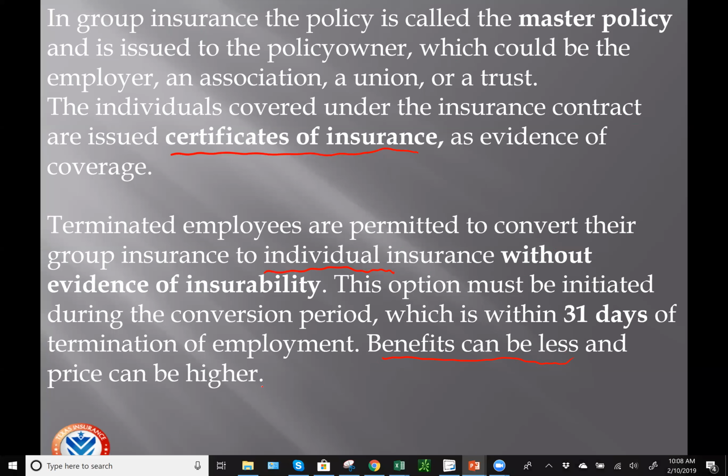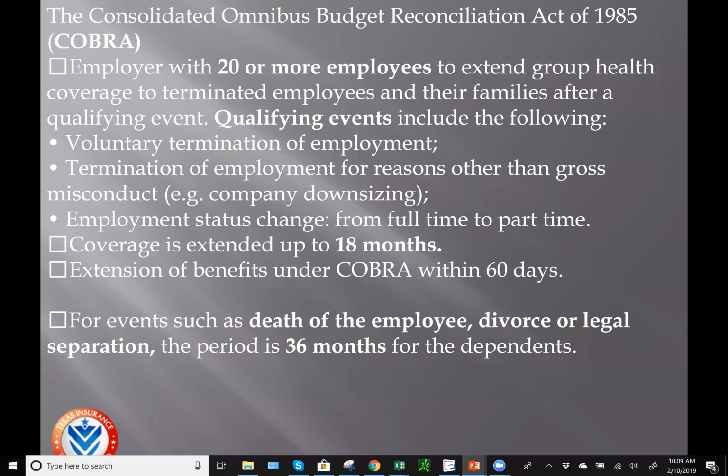And number two, you could get rated up, paying a higher premium. Okay, so that is the conversion privilege: going to an individual plan without evidence of insurability within 31 days, but you could get rated up and get lesser benefits. Now let's look at how that conversion privilege differs from COBRA.